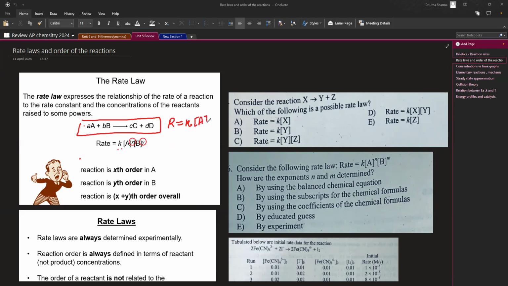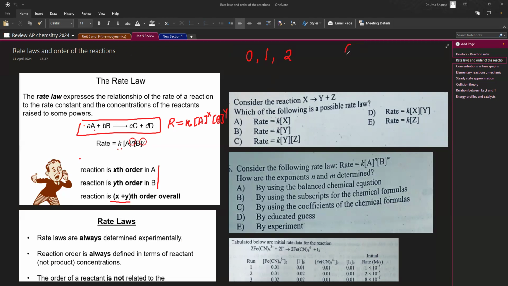Concentration of A raised to power x, where A is the reactant, times concentration of B raised to power y. x and y are called the order of the reaction, and the total order of the reaction is the sum of these two. Order can be 0, 1, or 2.